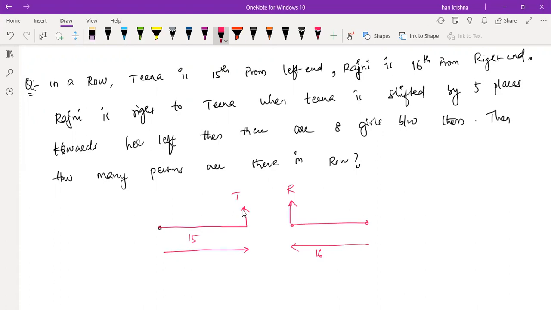Rajni is to the right of Tina, so this is Tina, this is Rajni. The important condition is that when Tina is shifted 5 places towards her left, the new position is here. We take it as here.